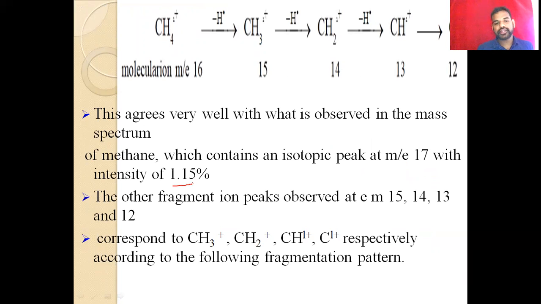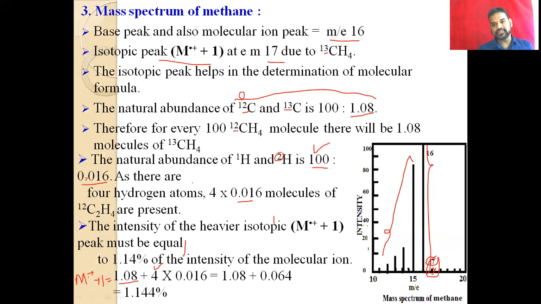Then the fragments, at the end we have 15, 14, 13 and 12. All these fragments are due to the carbon. With the removal of one hydrogen we get CH3, by the removal of two hydrogens we get CH2, by the removal of three hydrogens we get CH, and by the removal of four hydrogens we get C. From this also we can say the fragmentation pattern matches the spectrum.